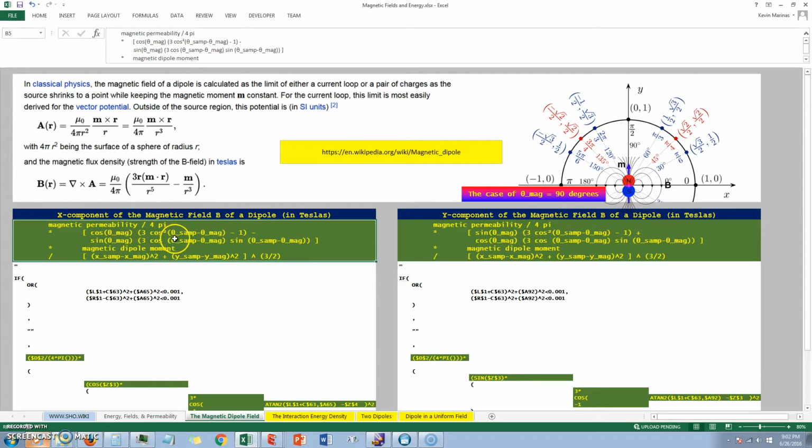So represented by theta underscore samp. Okay, and the angle of the magnet's magnetic field, as represented here, in this case it would be 90 degrees, or you have the magnetic field's magnetic moment, which generates that based upon this.